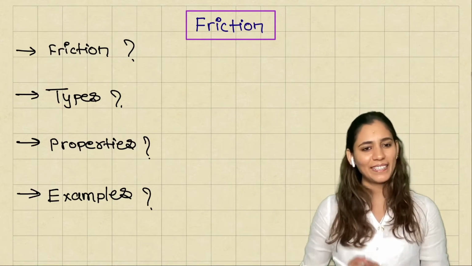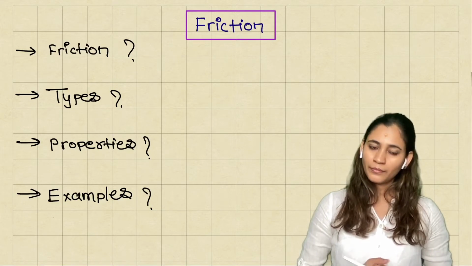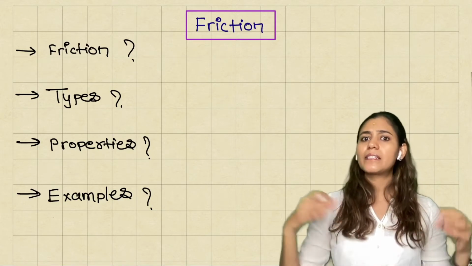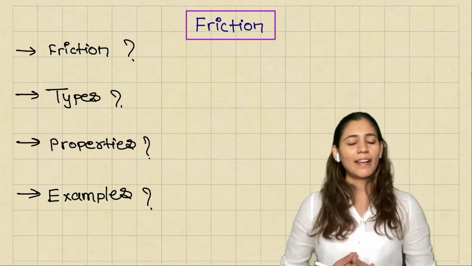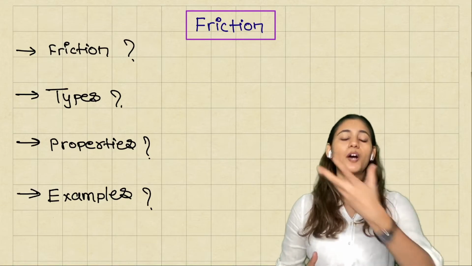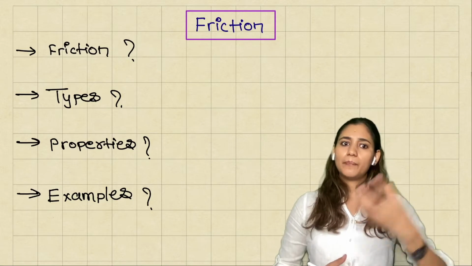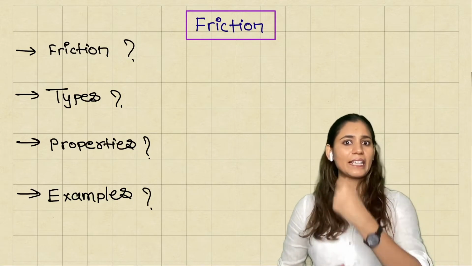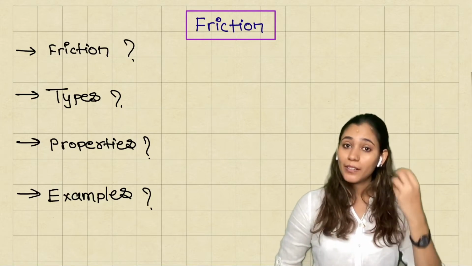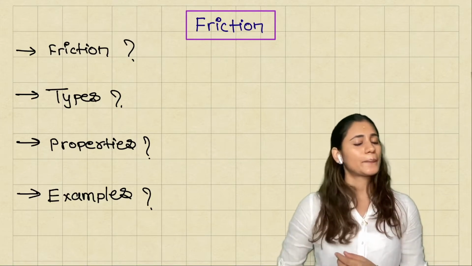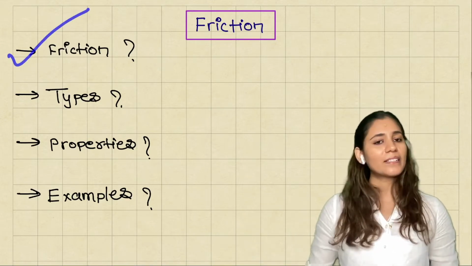Simply, we can say that if any object is moving or has the tendency of motion, either on a rough surface or in contact with some viscous medium like water and air, then the opposition, the resistance, which is provided by the surface, or the medium, towards the motion or relative motion of the object, is simply friction. Okay, so this part is clear.